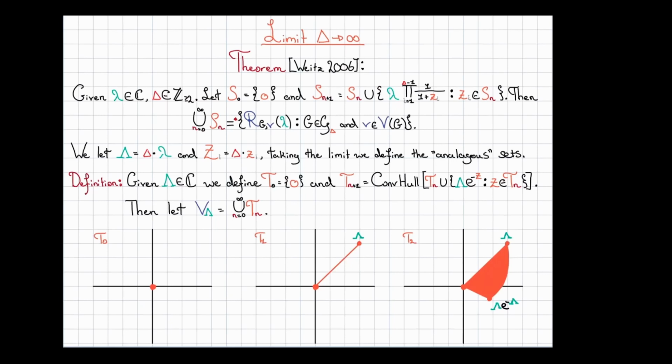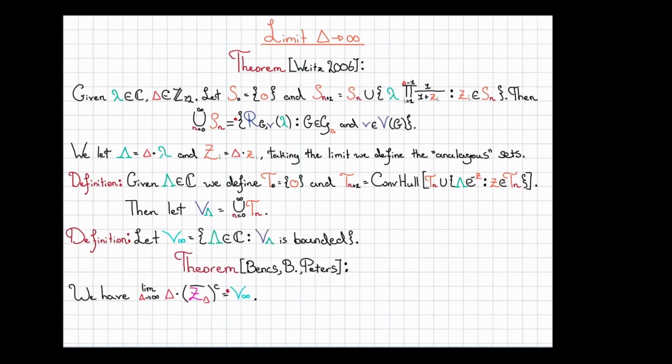And we prove that if you look at those parameters for which this dynamical system, taking lambda times e to the minus z and the convex hull, stays bounded, those parameters are actually equal to the limit of the complement of the closure of the zero set, so the limit of the zero free region.